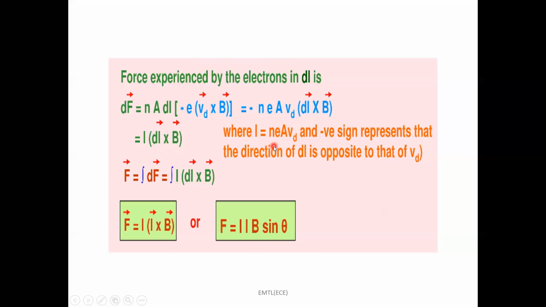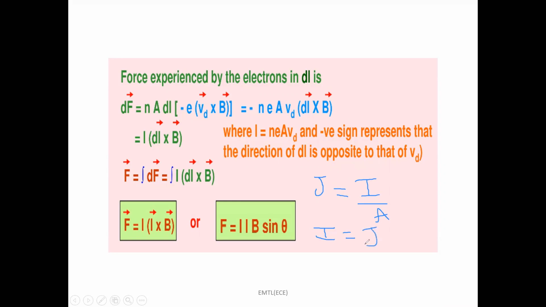We know the definition of current density: J is equal to I by A. From this, I is equal to J into area. J is called current density.